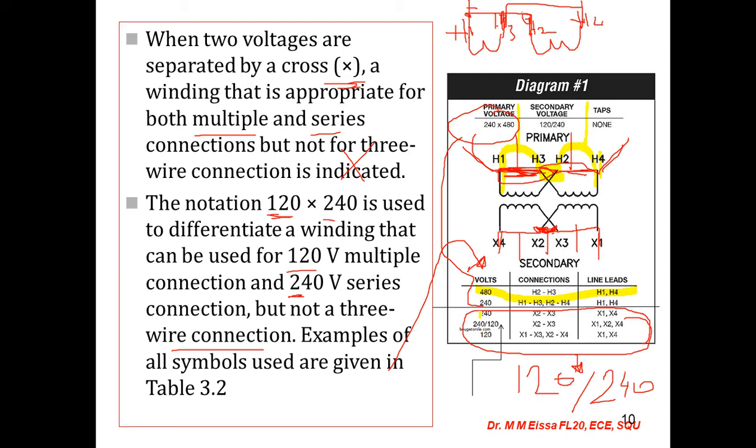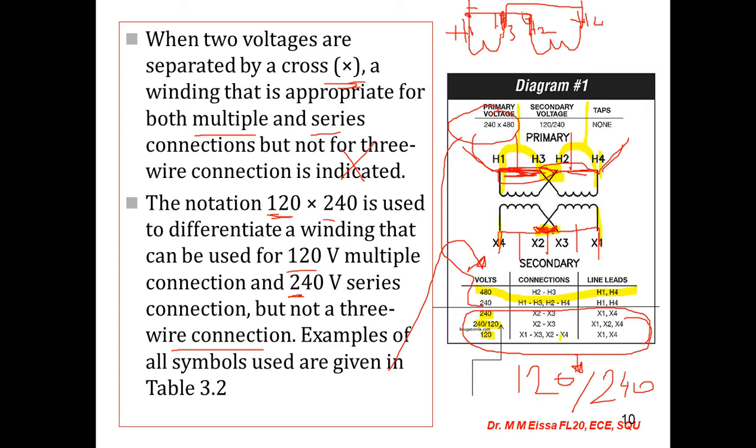For the secondary winding, we have three connections: 240, 240/120, and 120. For 240, we can connect X2 and X3 together, and obtain from X1 and X4.